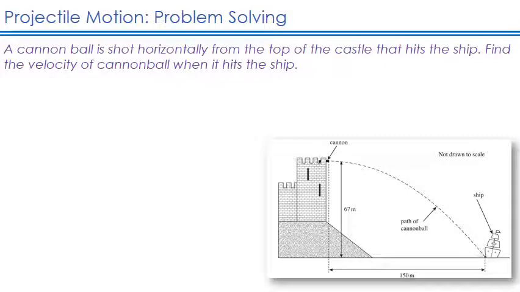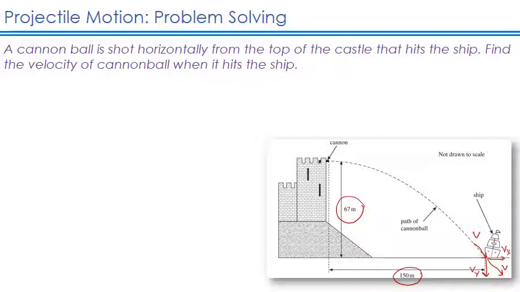This is another problem in which you are provided the horizontal motion and the horizontal distance and the vertical distance, and you are asked to find what is the velocity when it hits over here. We can represent v here, and of course this has two components, vx and vy.